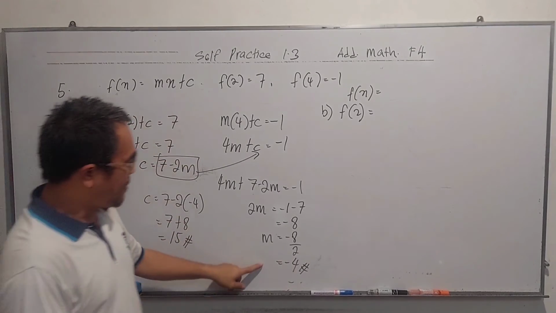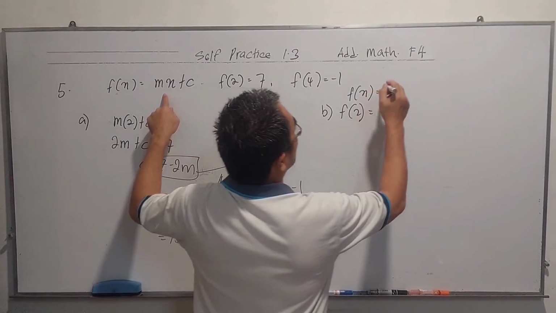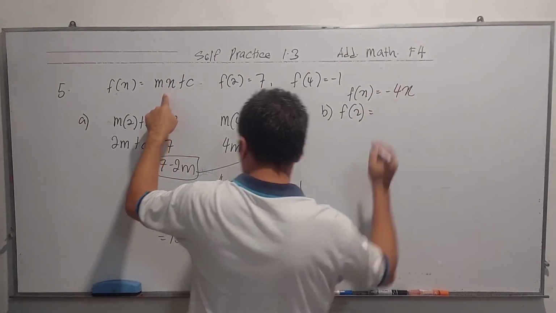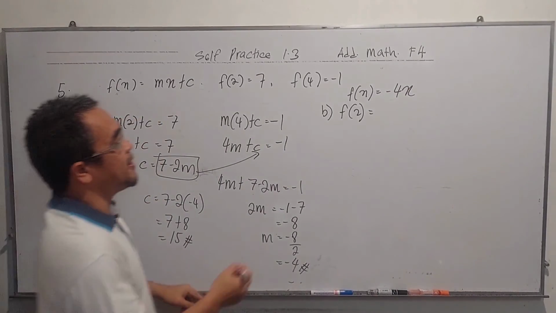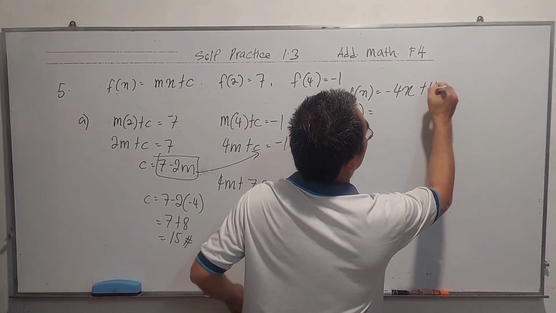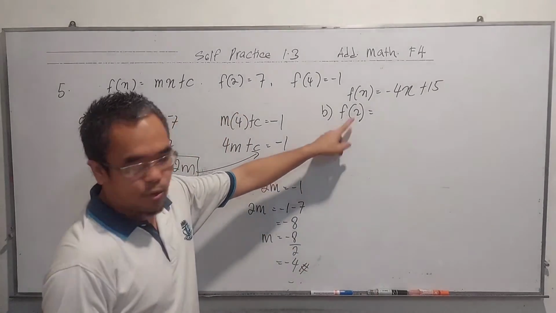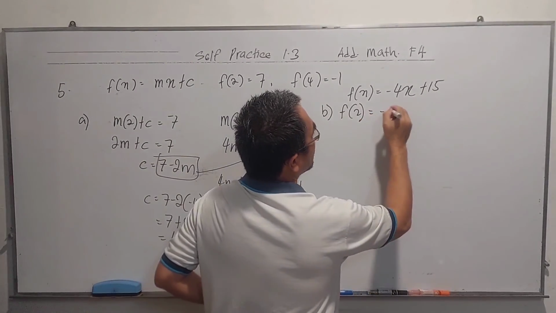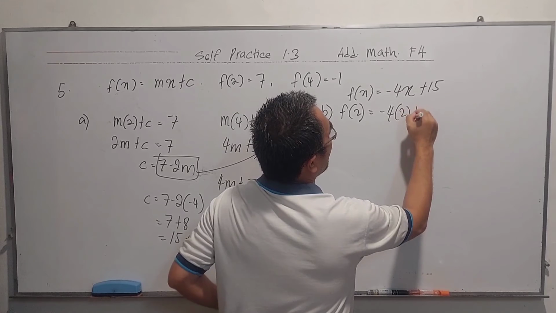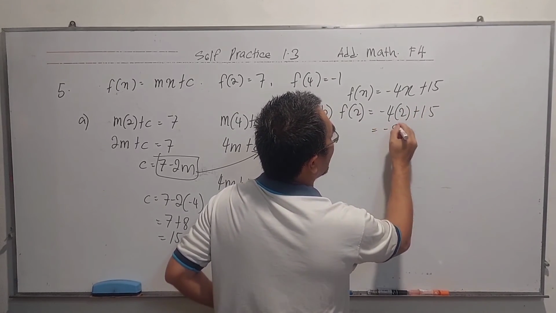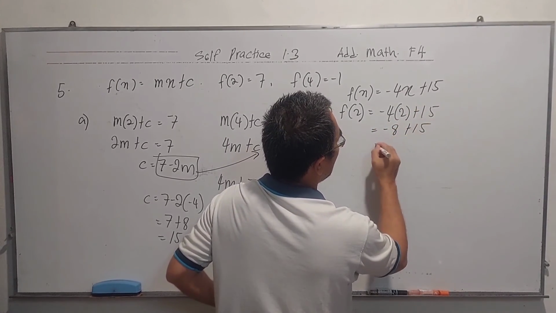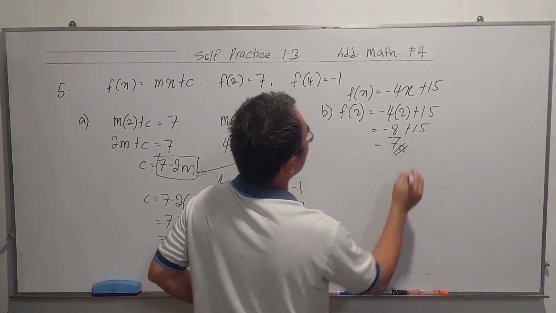So m you should replace as -4, so -4x, and c is 15, plus 15. So for f2 you just replace x as 2. So -4 times 2 plus 15, it will be -8 plus 15, it will be 7.